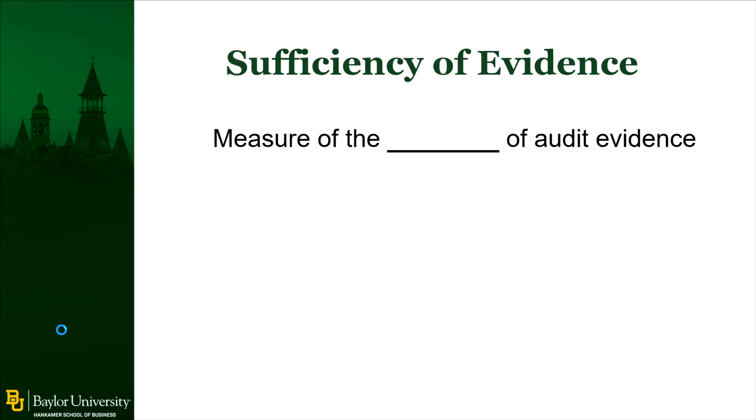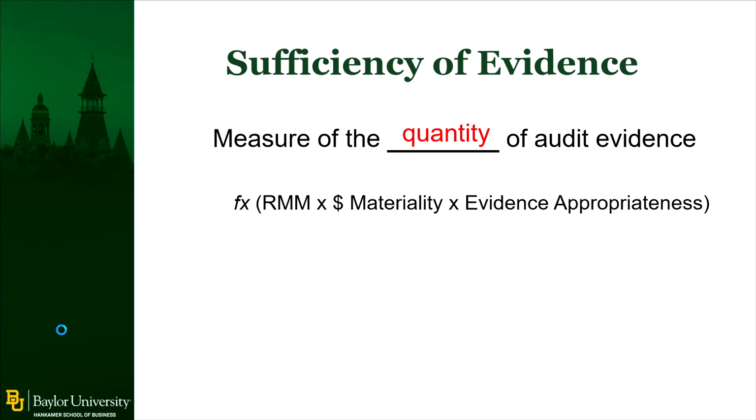Sufficient audit evidence is a measurement of the quantity of our audit evidence. How much do we have? And this is a function of the risk of material misstatement, inherent risk times control risk, we learned in Chapter 4, the level of materiality, and evidence appropriateness. Okay, so what is the relationship between sufficiency of evidence and the risk of material misstatement?